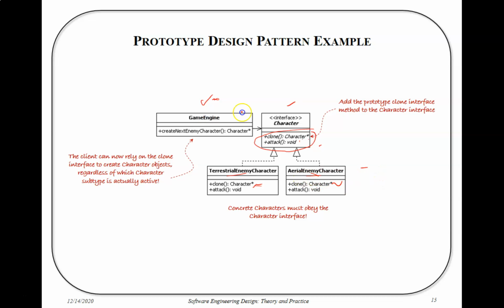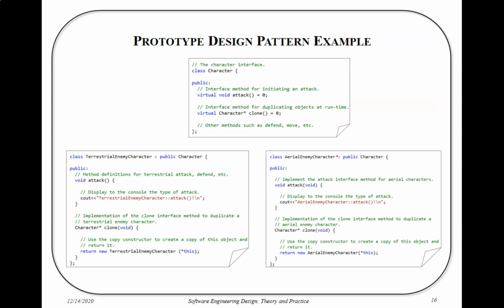So it is easier if we want, for example, this is the aerial character here. So we just add the implementation of this class, we implement that interface. So this is the new code where we have the implemented terrestrial enemy character and aerial enemy character that implement the above interface class.